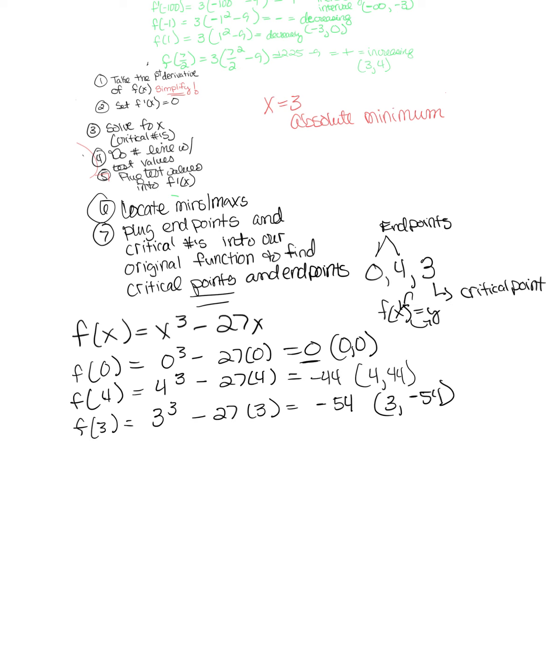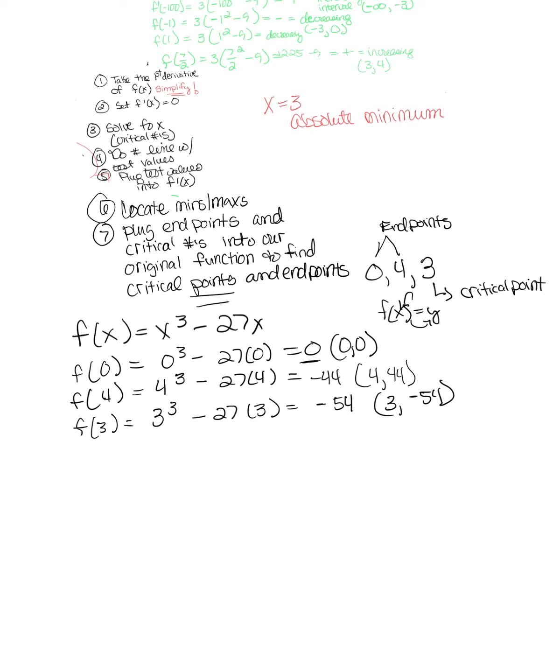Well, if we look right here, we see that we do have this negative 54, because when you're looking at minimums and maximums, it's all about what your y value is doing, right? So you're plugging in these critical points of x, and you're getting an output of y. We want to know what y is doing, because that's going to determine how high or how low our graph is going, right? X doesn't determine how high or how low.